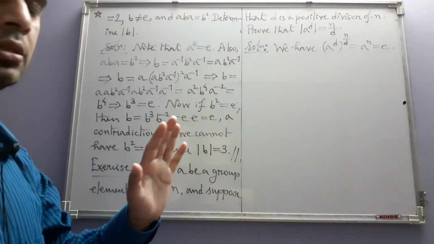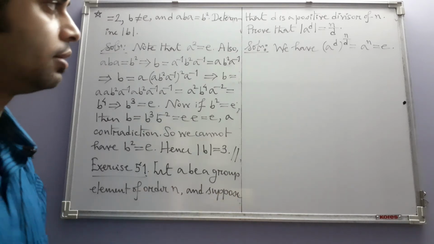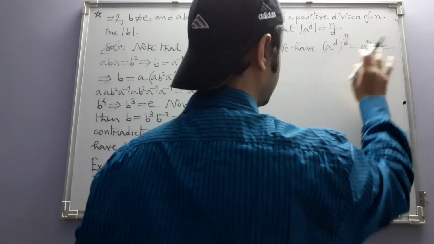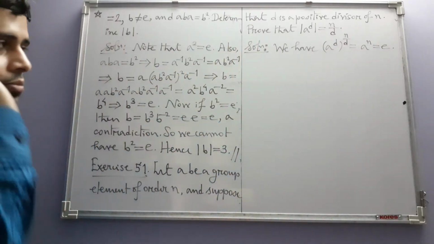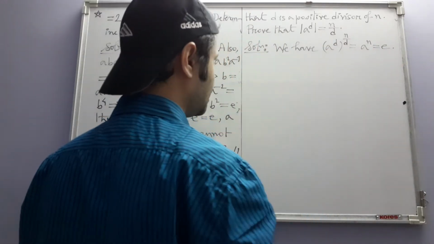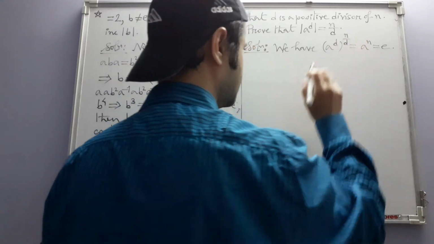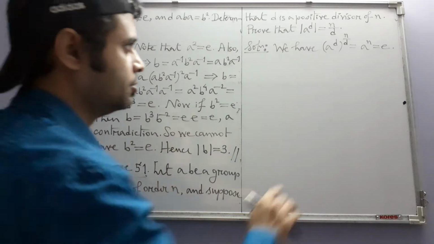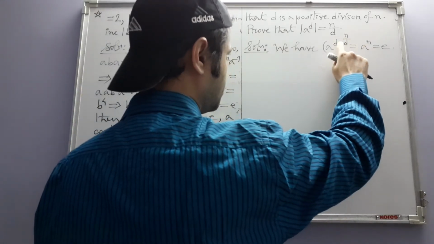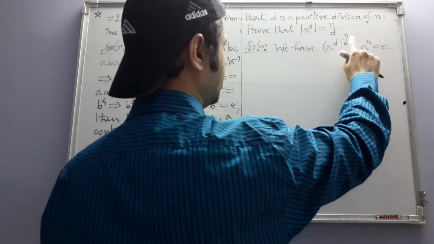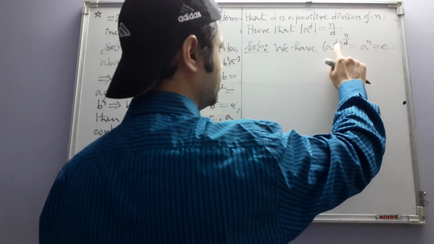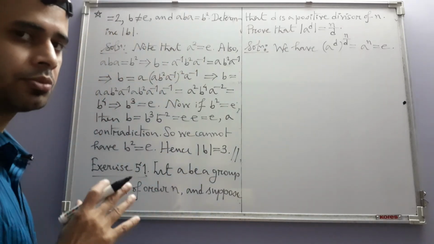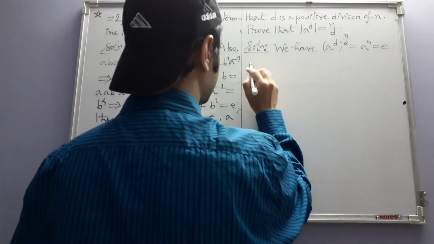So n by d itself is a positive integer such that this power is equal to the identity. Our aim is to show that n by d is the smallest positive integer for which this equation is true. That means there can be no positive integer smaller than n by d such that a to the power d to the power that positive integer also becomes e. We have to prove that that cannot happen.